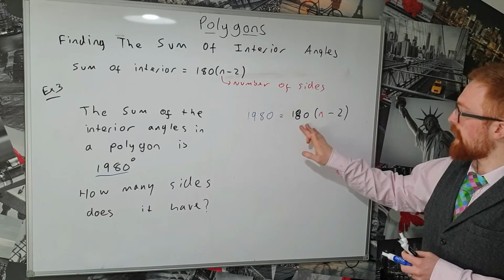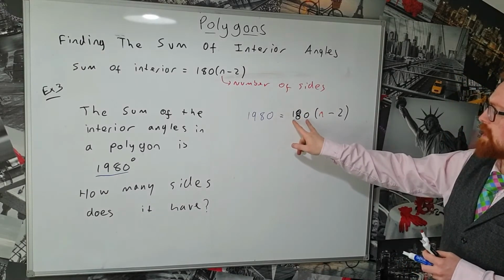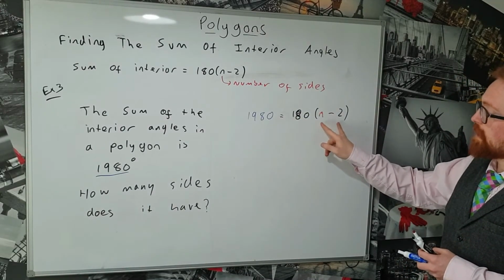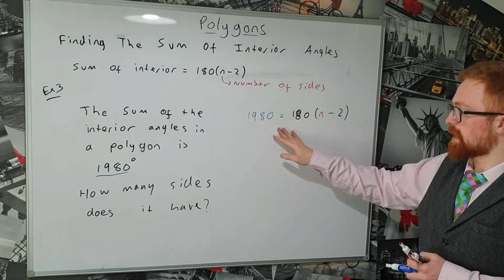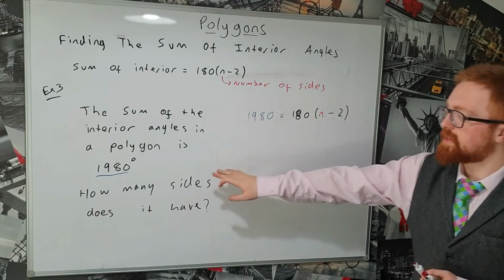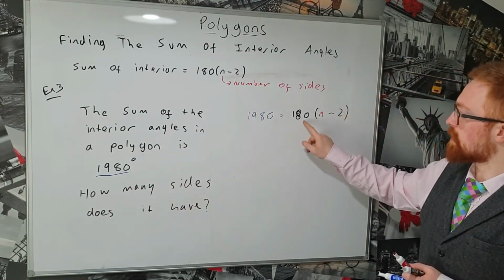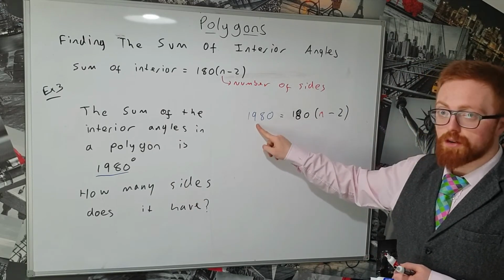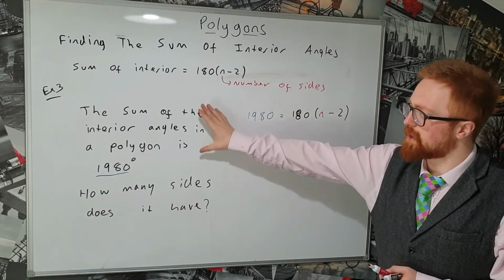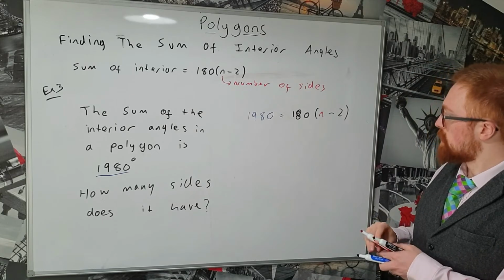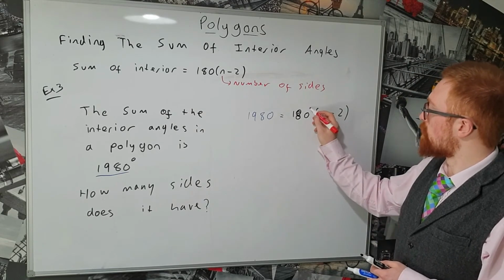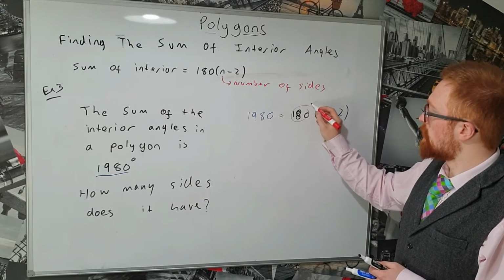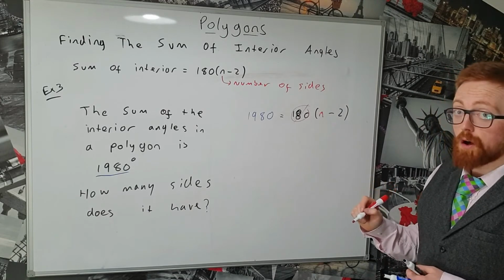Okay, now in the past you might have seen that we expand the brackets out to solve equations like this. But with these questions, we're pretty much guaranteed that 180 is going to go into 1980 because of the context of the question. So what I can do is I can get rid of the 180 first.